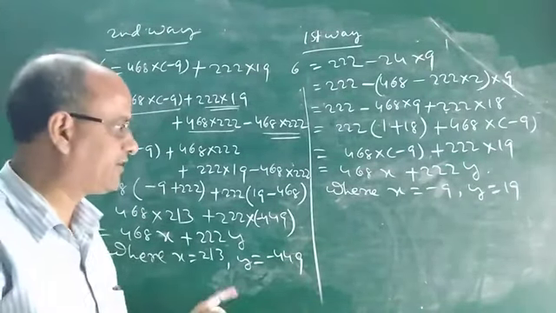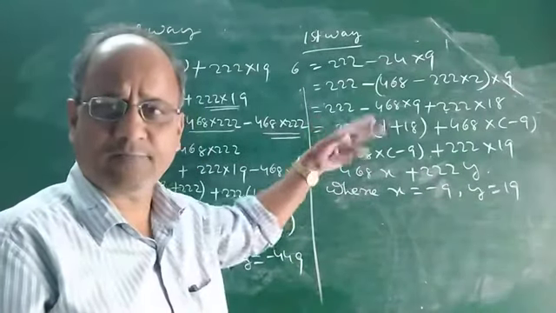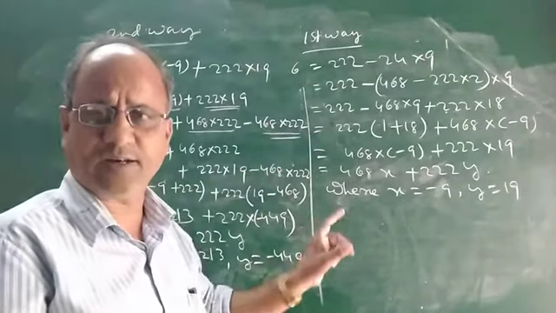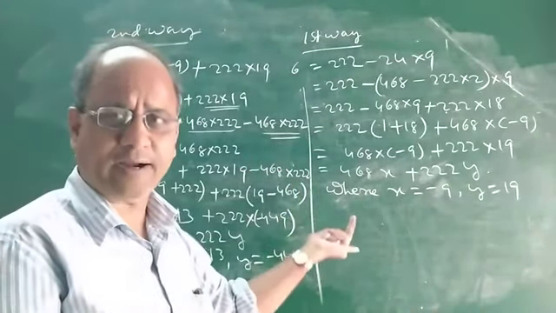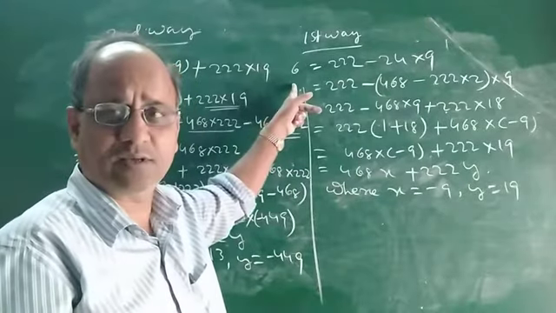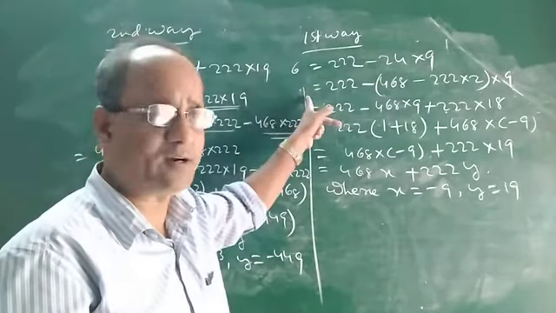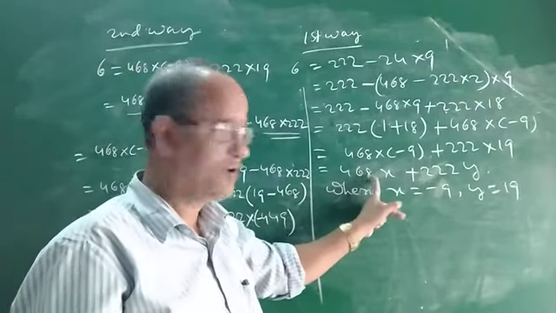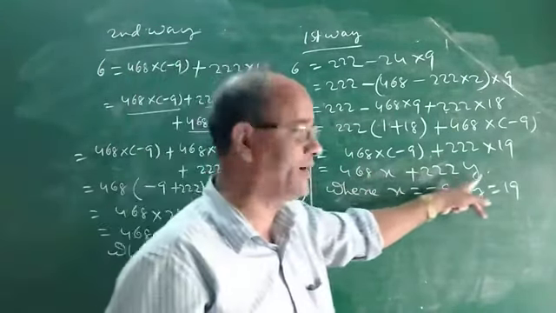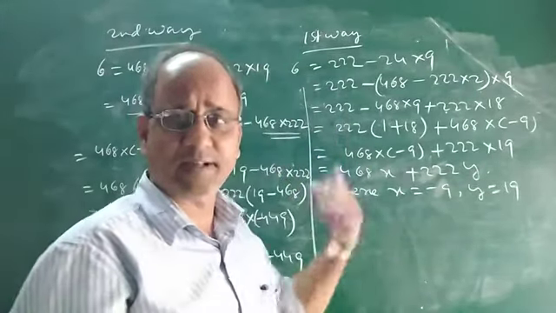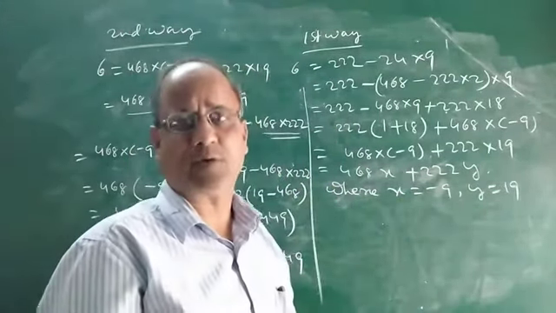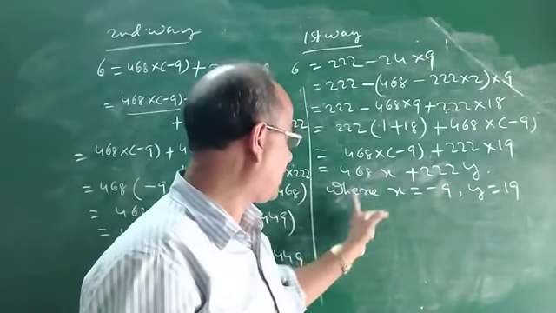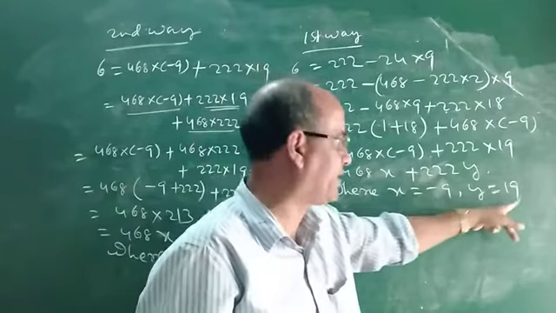Now this is the second way, see children. In the first way, first I found the HCF of the two given positive integers using Euclid's division lemma or Euclid's division algorithm. After finding the HCF, I expressed it as 6 in the form of 468x plus 222y, a linear combination of the two given positive integers, where x and y are also integers, where x equal to minus 9 and y equal to 19.